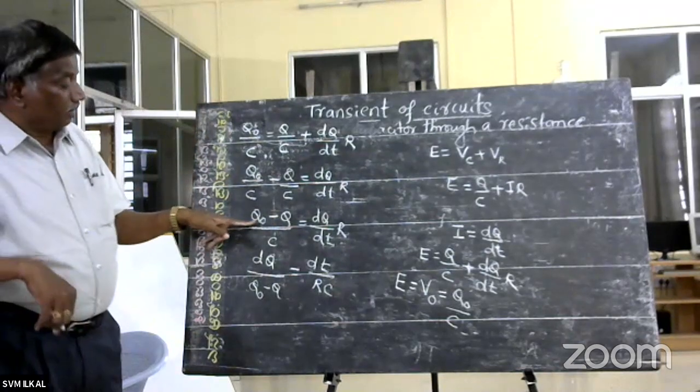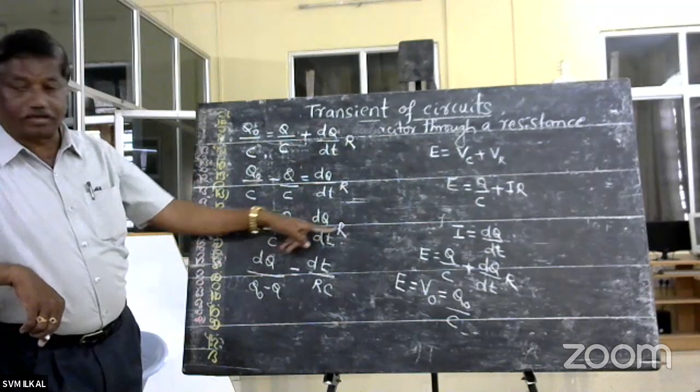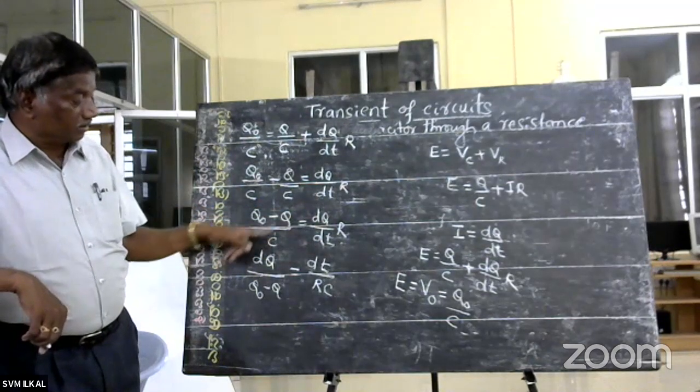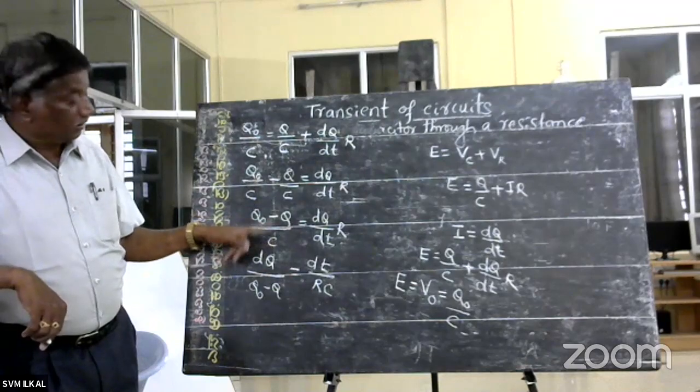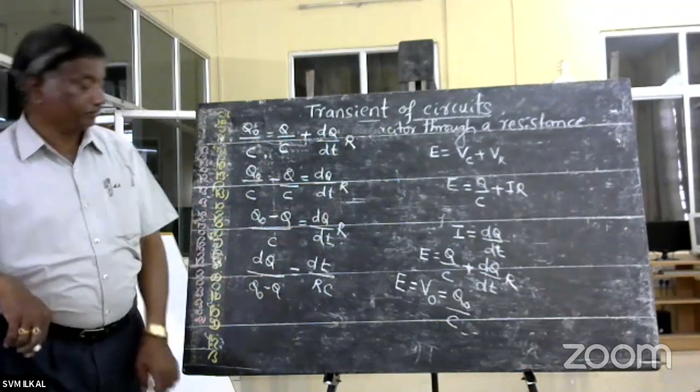Is it understood? Q naught minus Q by C is equal to dQ by dt R. So dt goes this side, R in the denominator, dt by RC. Okay. Q naught minus Q goes this side, that is dQ by Q naught minus Q.